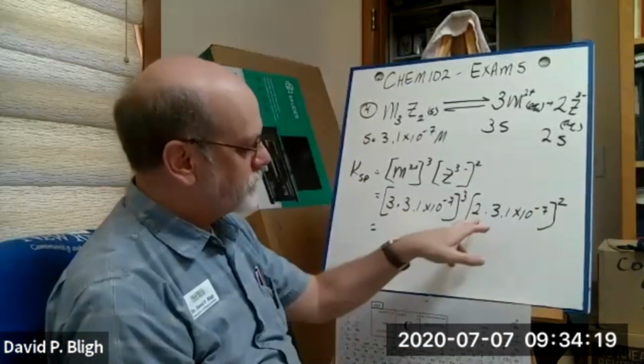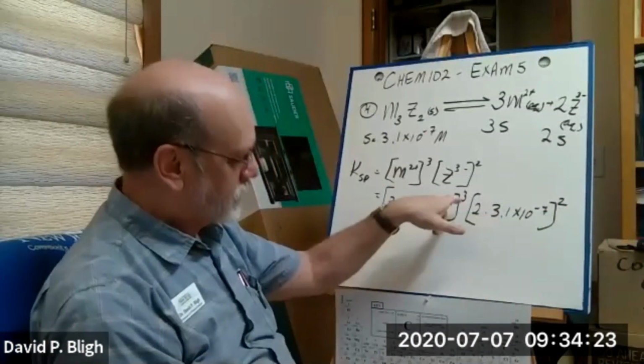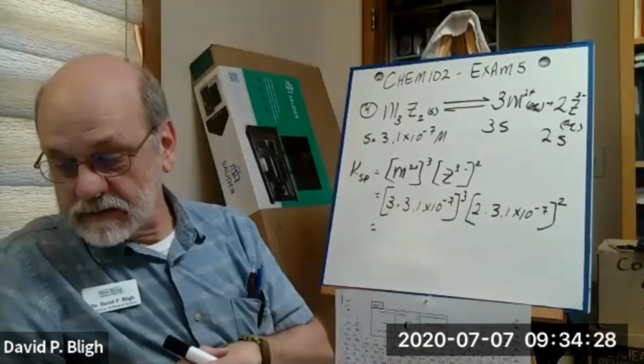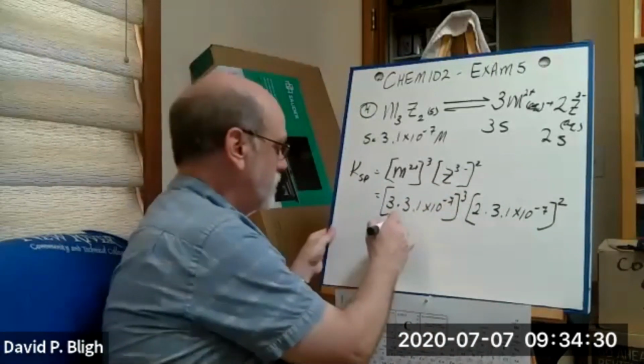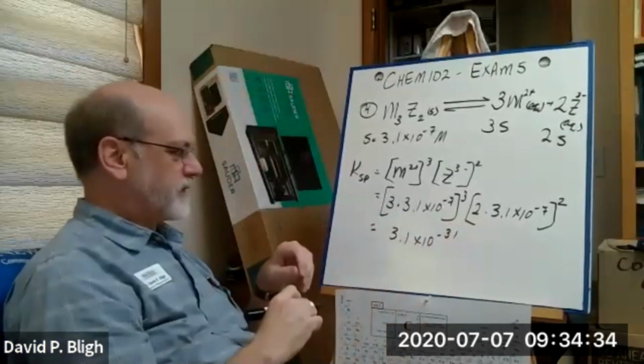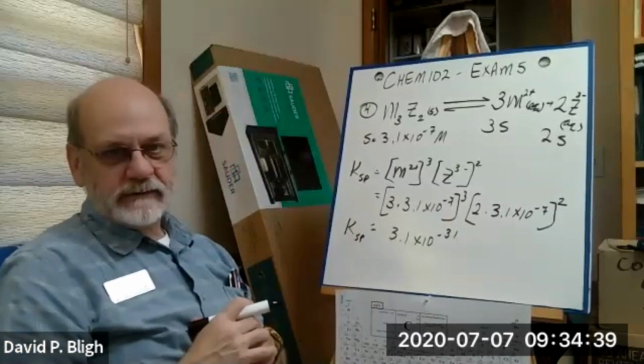Then all we have to do is multiply that times that, square it, multiply that times that, cube it, then multiply them together, and we should get our KSP. Okay?